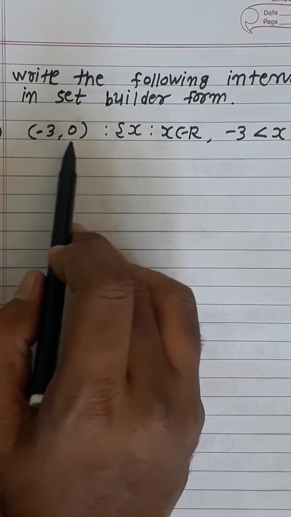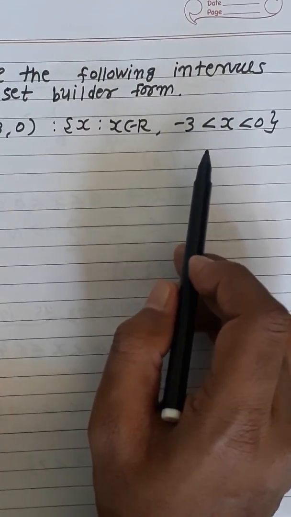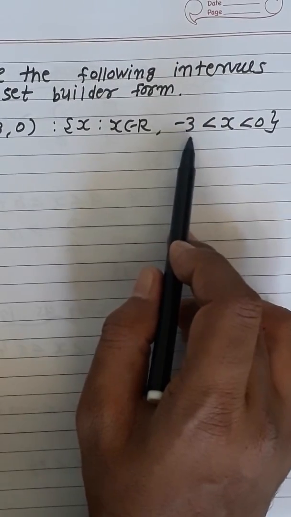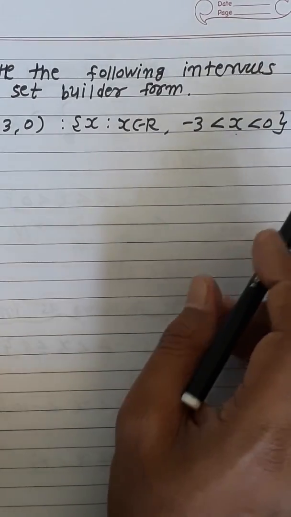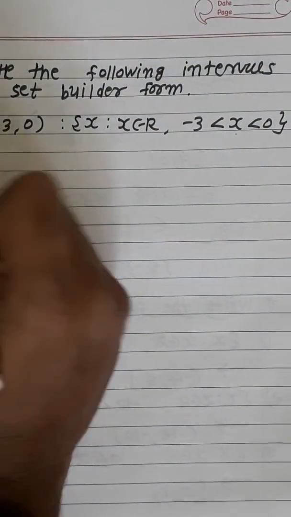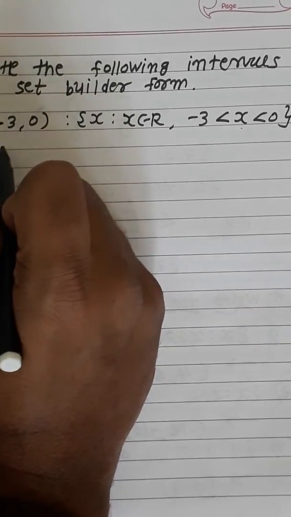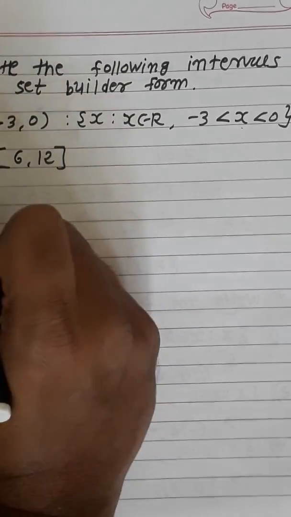Here it is an open interval, so we mention strictly less than on both sides. Second one: closed interval [6, 12].